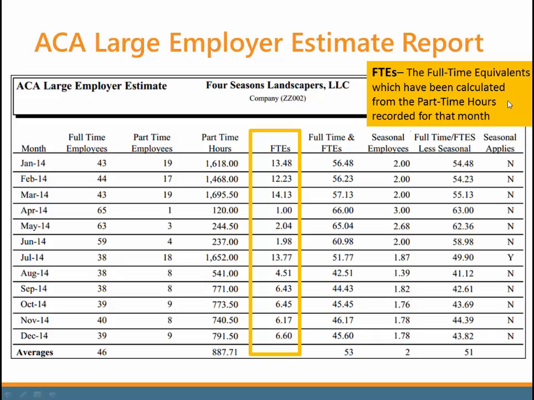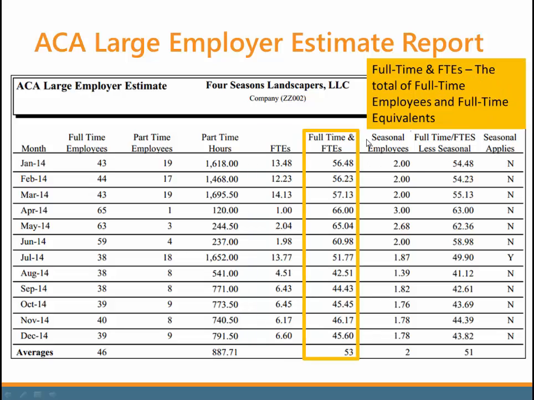And the next column are your FTEs, your full-time equivalents. These have been calculated from the part-time hours for that month. The next column is the sum of your full-time employees plus your FTEs.